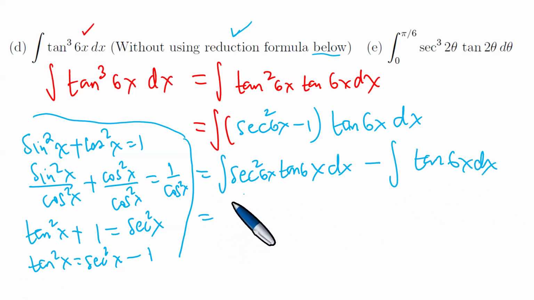It is by multiplication, because if you distribute, this one is going to multiply that as well. So if you let u be the tangent, then the derivative of the tangent is the secant squared. So that's 1 over 6.